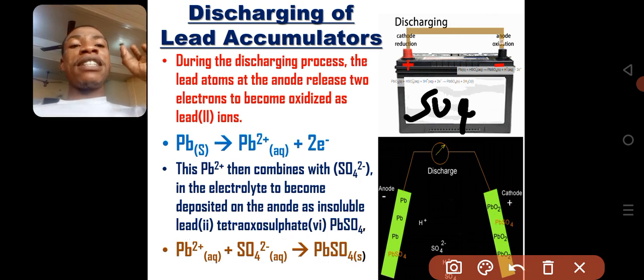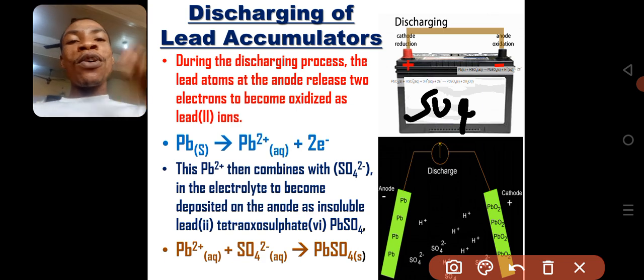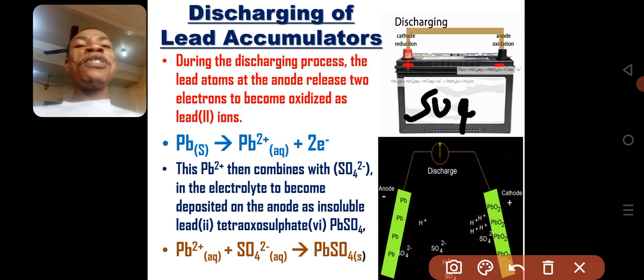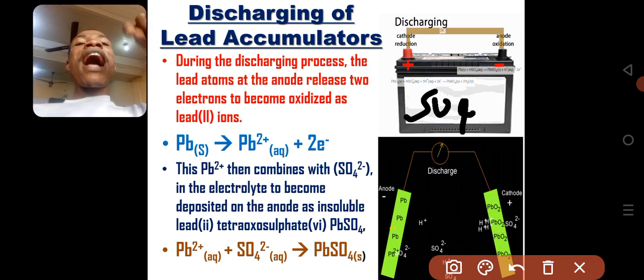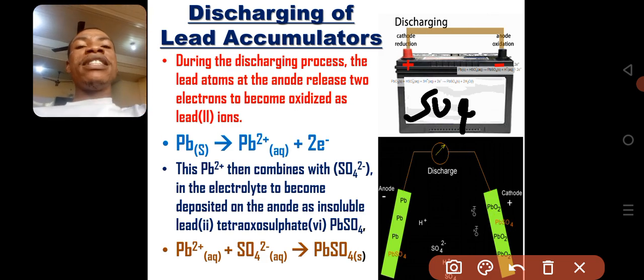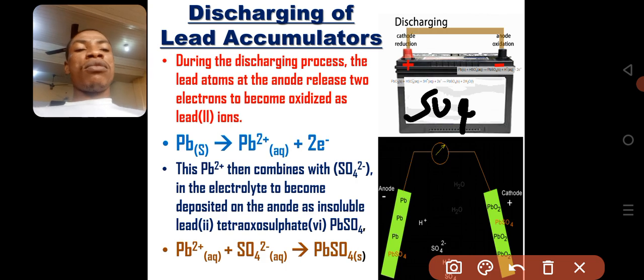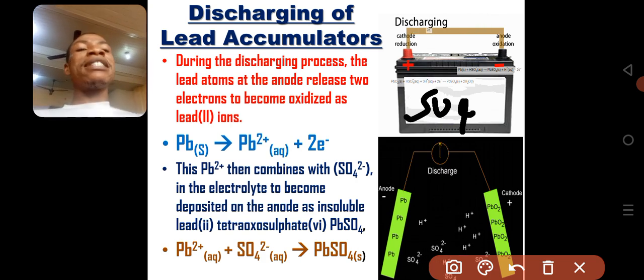The proper name is lead-2 tetraoxosulfate 6 salt. That salt is insoluble, and because it is insoluble, it gets deposited on the anode. So it covers the anode as time goes on.